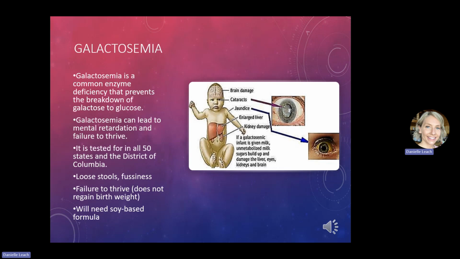If it's not treated or diagnosed, it can lead to things like brain damage, kidney damage, failure to thrive, intellectual disability, can have loose stools and be fussy, can also cause things like cataracts in the eyes. Basically, this baby, and the person as they grow into an adult, cannot drink milk-based products. So this baby is going to need a soy-based formula. Basically, they can't have anything that has galactose in it.